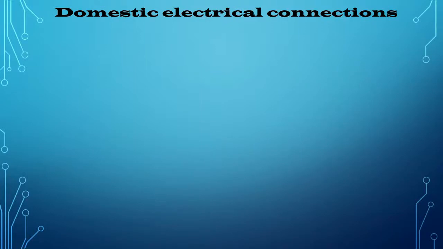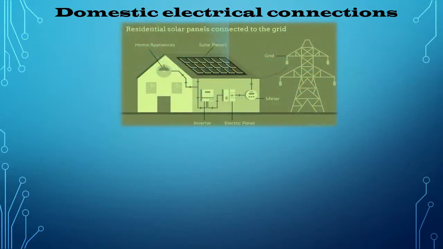Our households are full of electrical appliances such as an electric bulb, electric bell, electric fan, iron, electric heater, refrigerator, washing machine, etc. Do you know where does this electricity in our house come from?